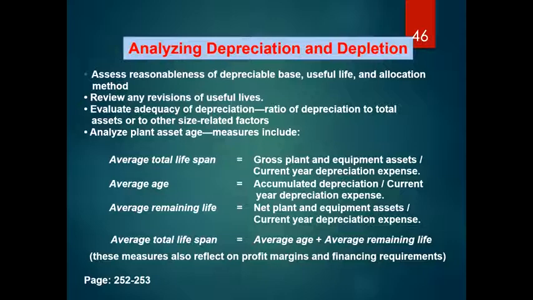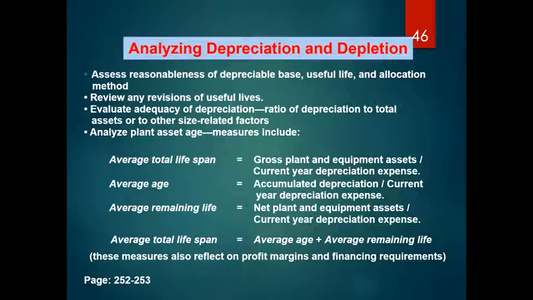Tapi kalau you nak lebih detail, you can read the textbook page 250 up till 254. Okay, so analyzing depreciation depletion ni pun you boleh baca lebih detail page 252 until 253. So basically inilah yang I rasa penting untuk this analyzing depreciation and depletion.